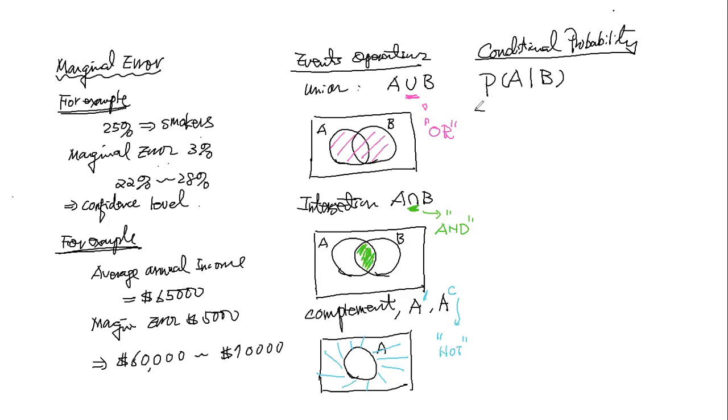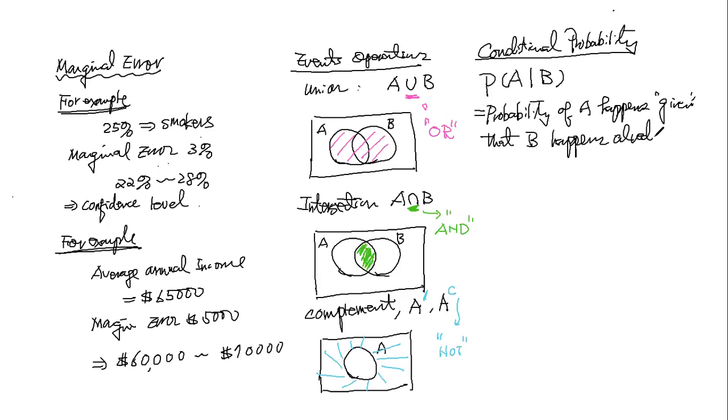This is the probability of A happening given that B has already happened. That is what we mean by conditional probability.